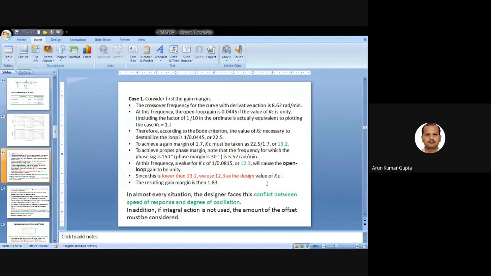In this analysis, if we first consider the gain margin, that will give a certain value of Kc. And if you look for the phase margin, that criterion will give some other value of Kc. So what value of Kc should be considered for design purposes? We find that the lower value of Kc is always considered for the design parameter.